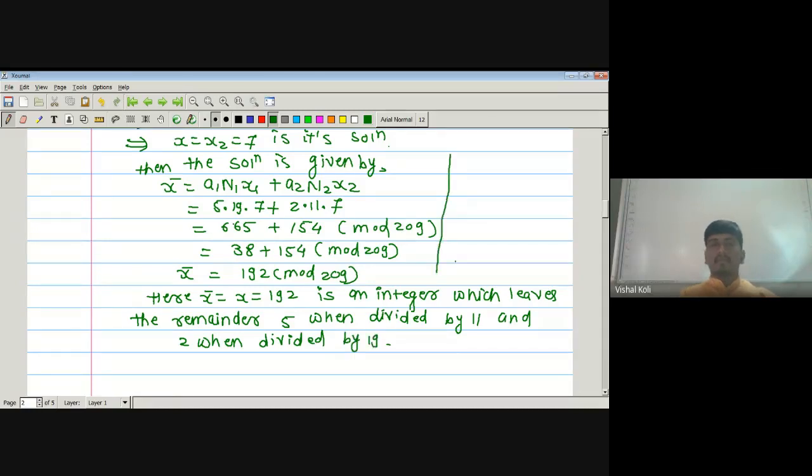Okay, 192 divided by 11, what should be the remainder? 192 divided by 11, what is the remainder? 5, sir.